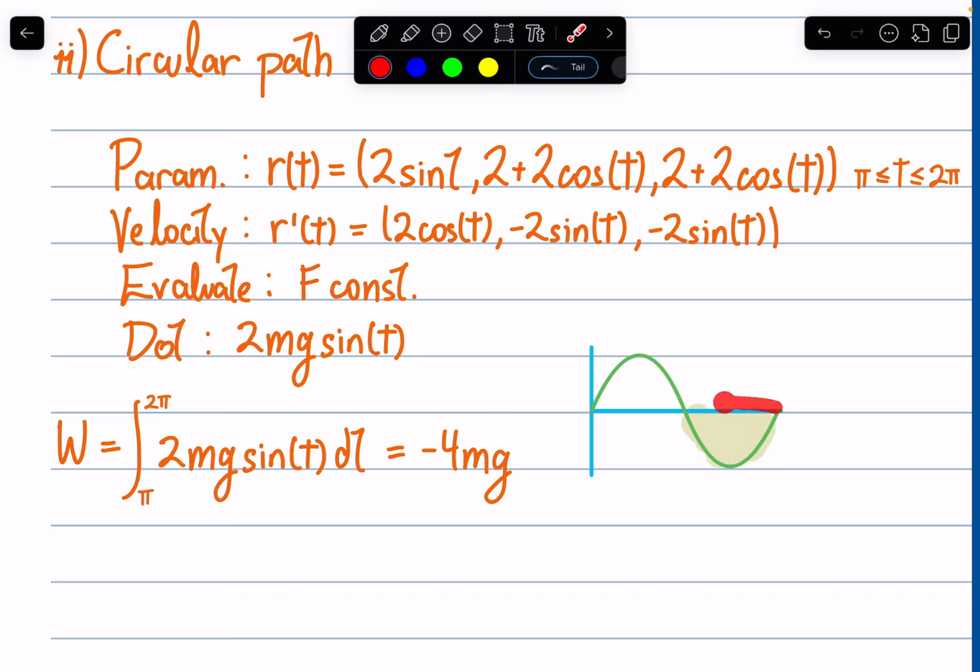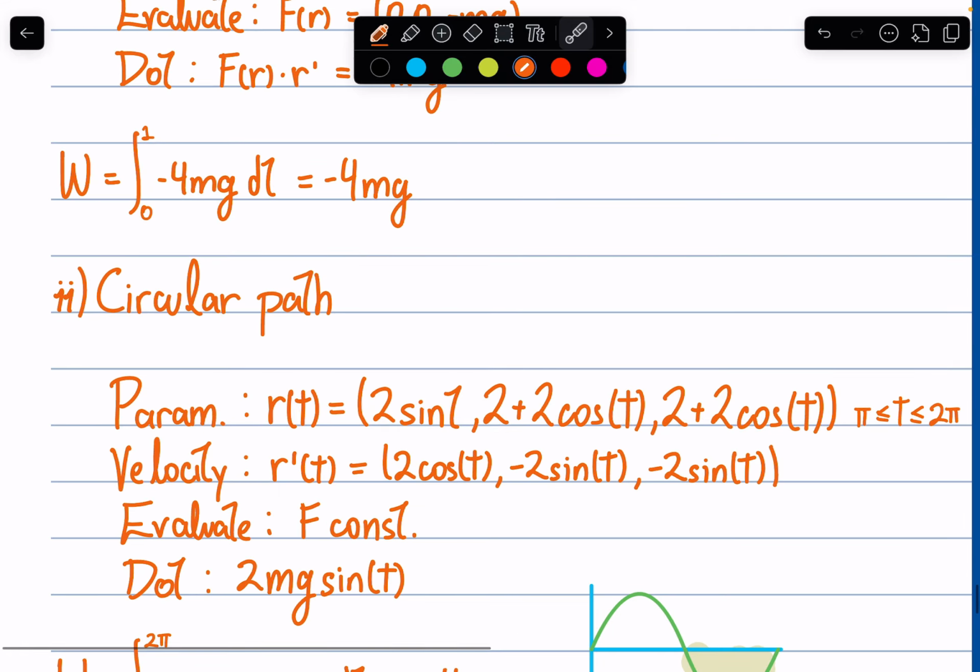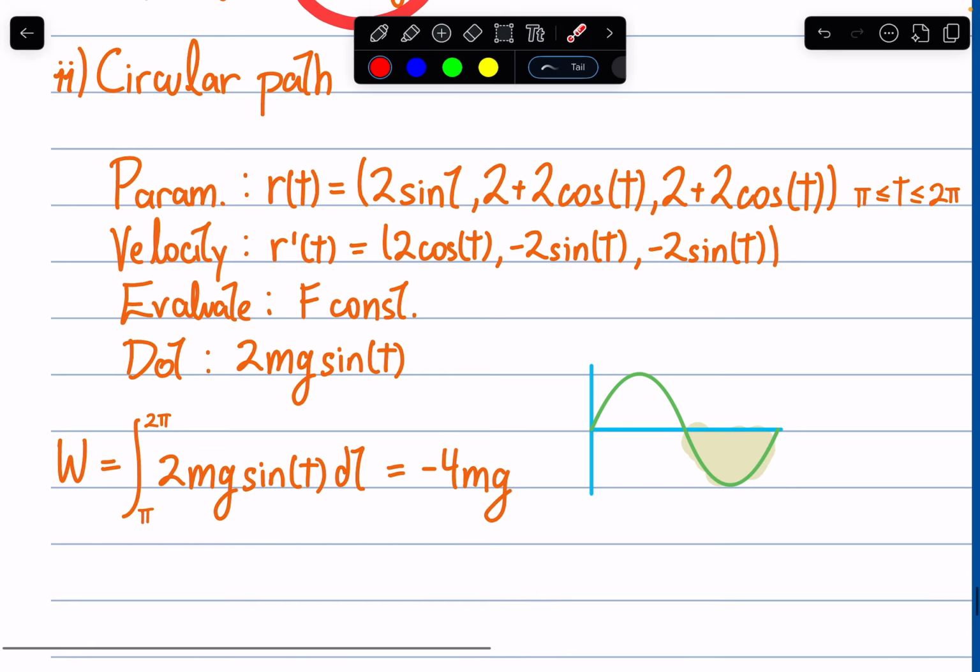It has area 2 still, but it's below the x-axis, so it has area -2. Observe that this result matches the previous result of negative 4mg, so that's one indicator that our paths don't affect the result of the integral.